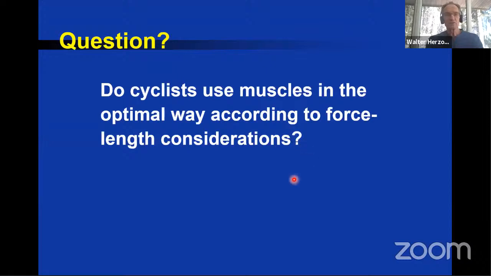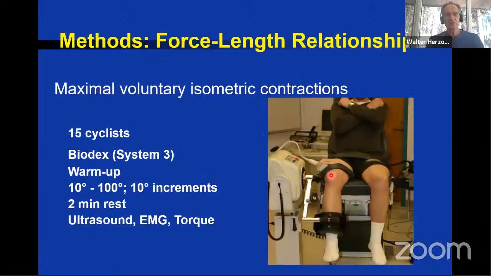And one of these studies was on cyclists. So we asked the fairly simple question: do cyclists use muscles in an optimal way according to the force length relationship? And we did a variety of experimental and also a couple of theoretical studies on this. And I'm just going to show you some isolated results.